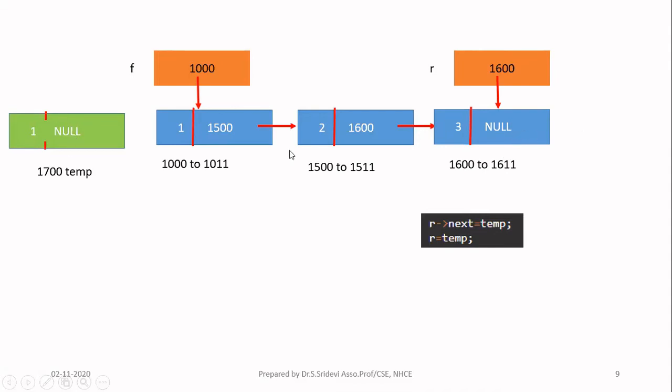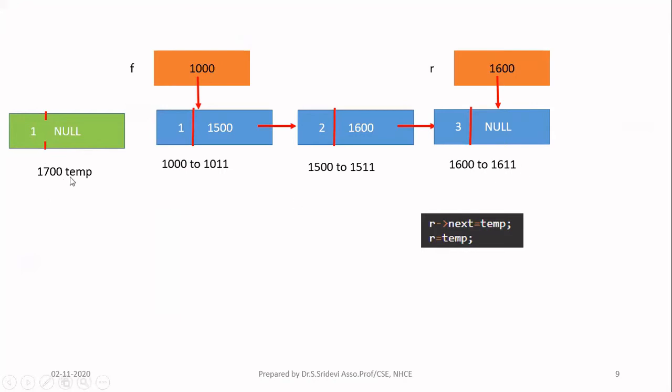Okay, so now what do I have to do for that? You can see here, rear has the value 1600. If I add this new node, rear should point to this new node, not this 3. Rear should point to the green color node. So first, we have to copy, instead of this null, this address 1700, because this will be added after this 3.